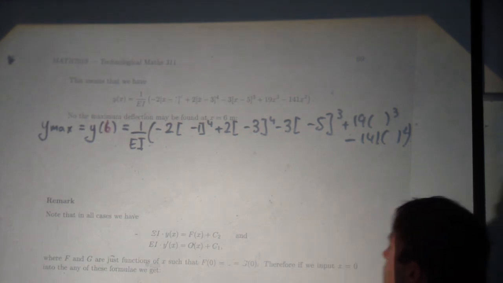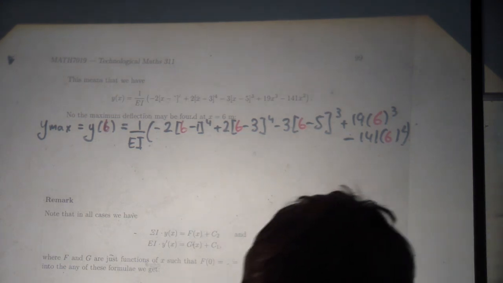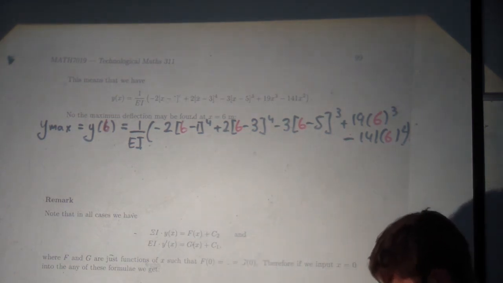So this is the deflection at any point. We're interested in the maximum deflection, that's at the end at x equals 6. Should be a question of just banging it into the calculator, because these are square brackets of positive things, they're just themselves. So what do you get?